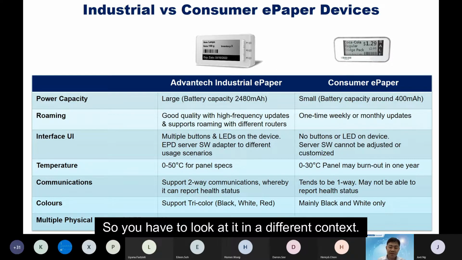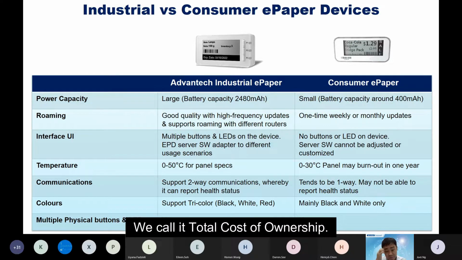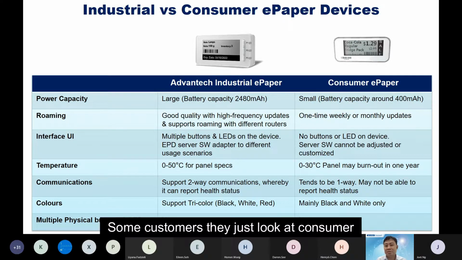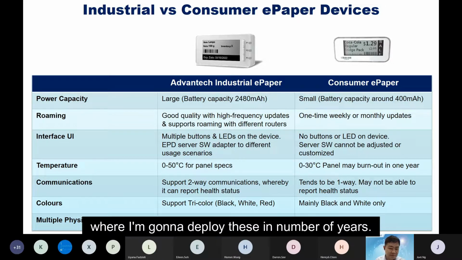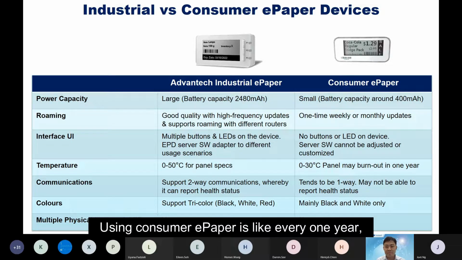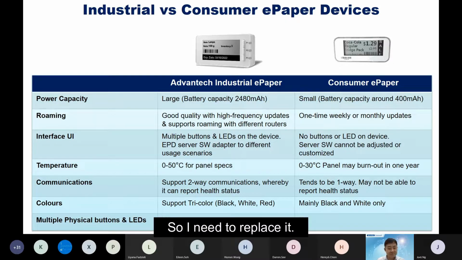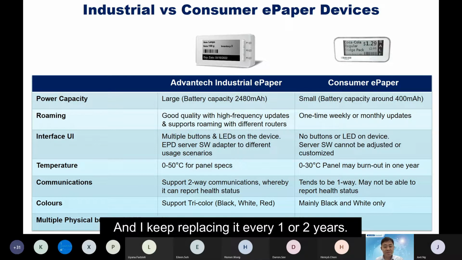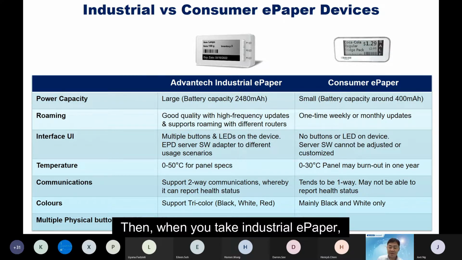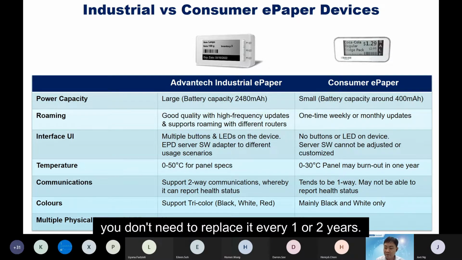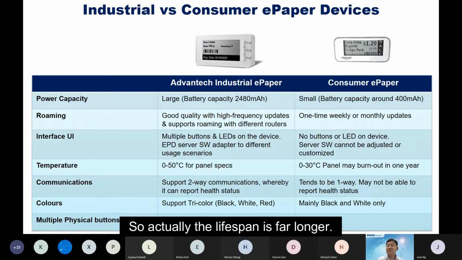So you have to look at it in a different context. We call it total cost of ownership. Some customers just look at the consumer panel because the first cost is very cheap. But when you think in the long run, I'm going to deploy this over a number of years, right? Using a consumer ePaper, every 1 year or 1.5 years, the lifespan is far shorter, so I need to replace it, and I keep replacing it every 1 or 2 years. Whereas if you take an industrial ePaper, you don't need to replace it every 1 or 2 years, so the lifespan is far longer.